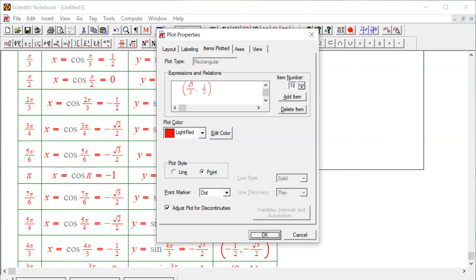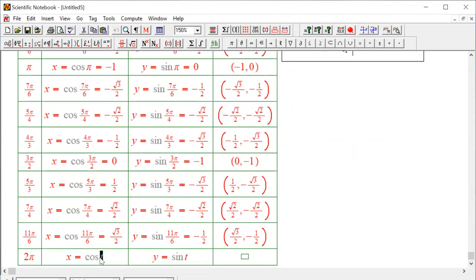One last point. And of course the particle will continue moving. Cosine 2 pi is 1, sine 2 pi is 0, and we get 1, 0.